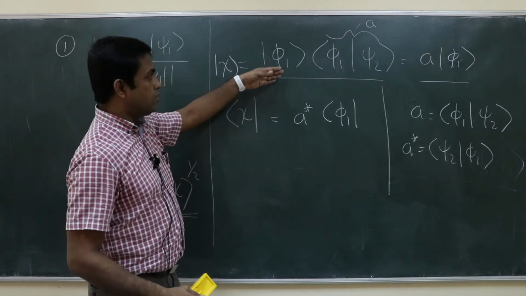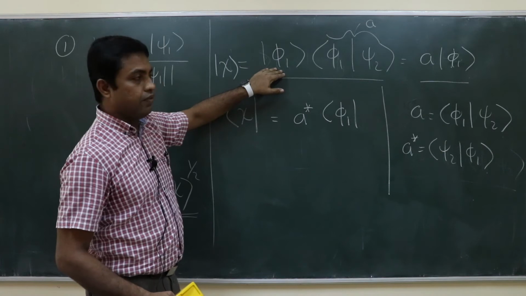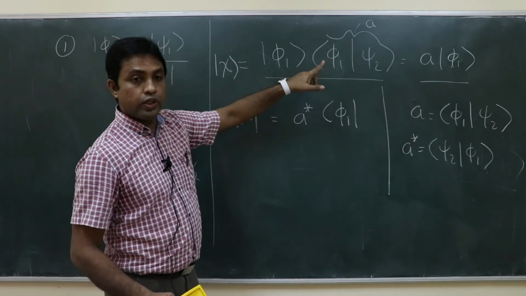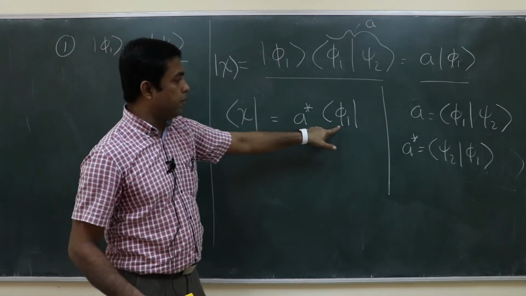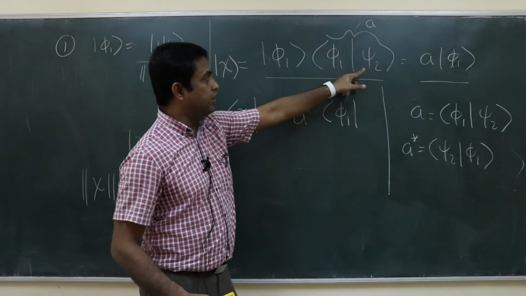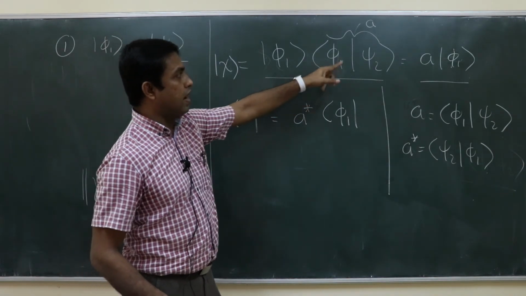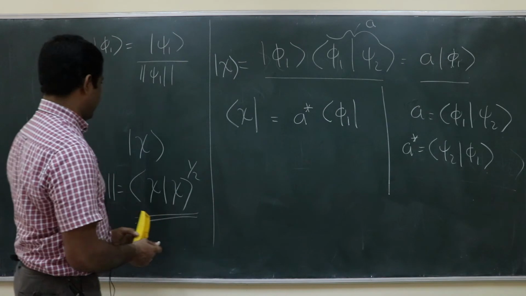Okay. From this, if you understood, this is a number and this is ket. So when I go to the dual space, ket phi 1 will become bra phi 1, ket psi 2 will become bra psi 2 ket phi 1. Okay. So that's what any number. So its star is nothing but, yesterday we have done that, right?